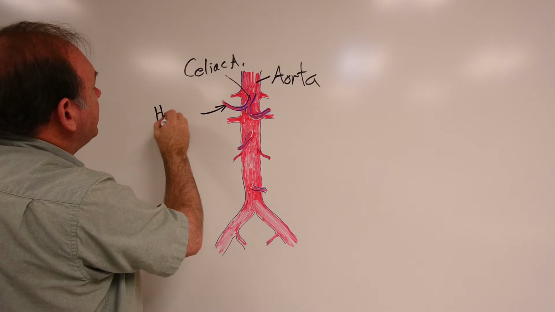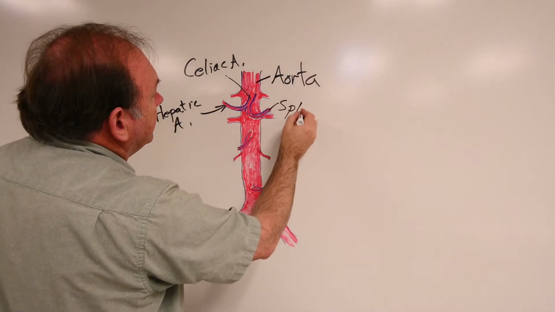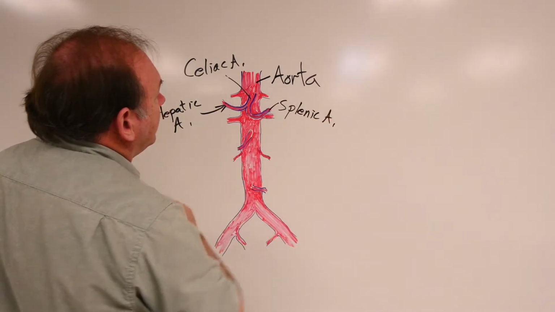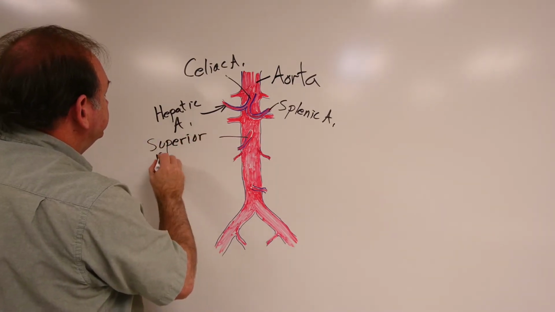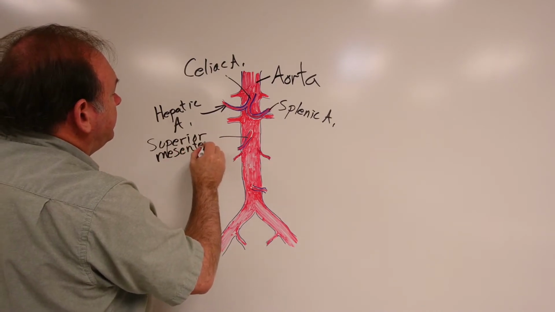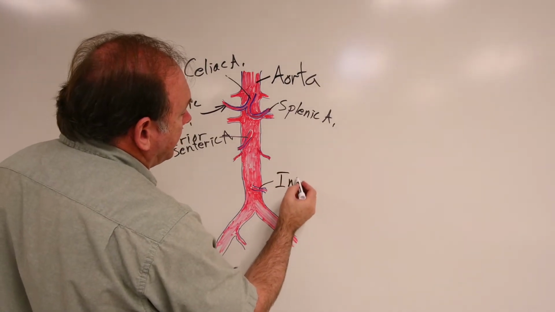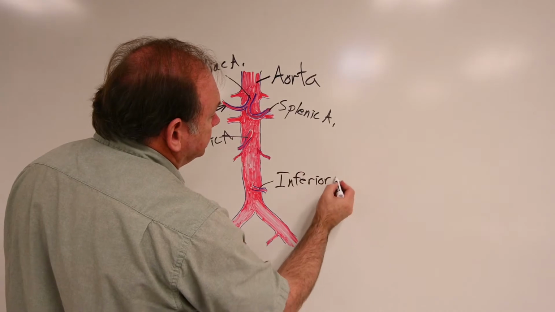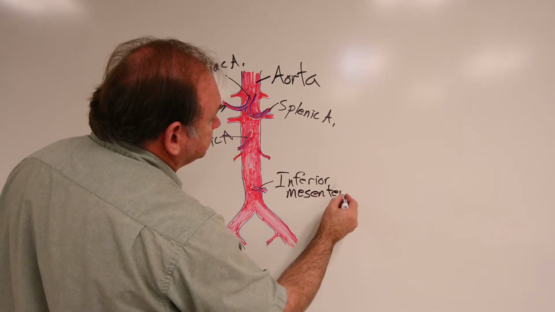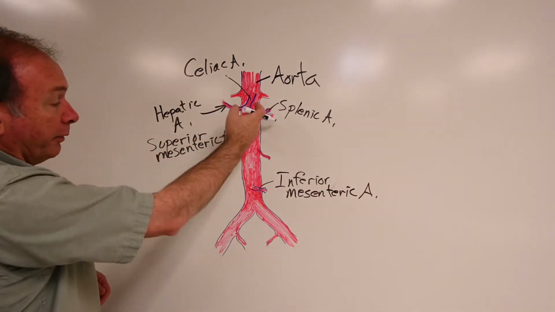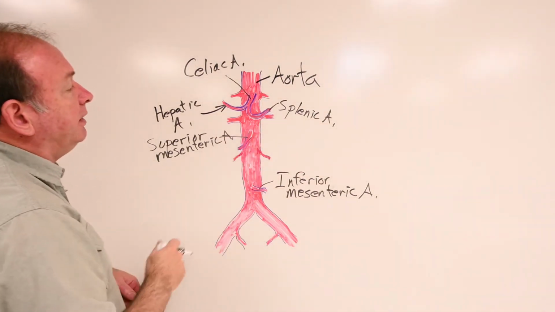The hepatic artery, splenic artery, superior mesenteric artery, and then the inferior mesenteric. Are three vessels that supply the abdominal organs here: celiac, superior mesenteric, and inferior mesenteric.